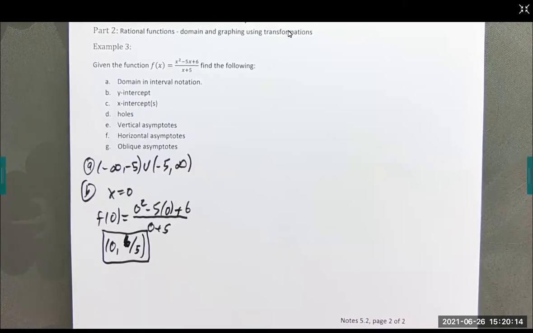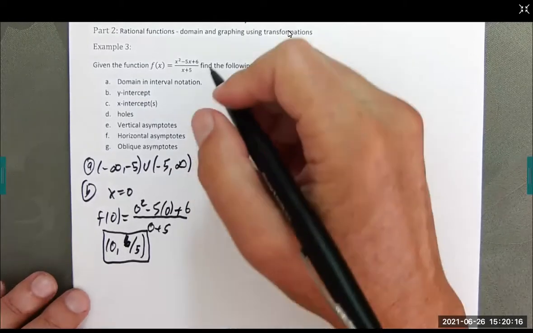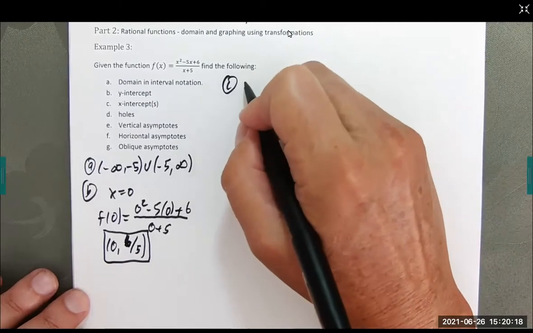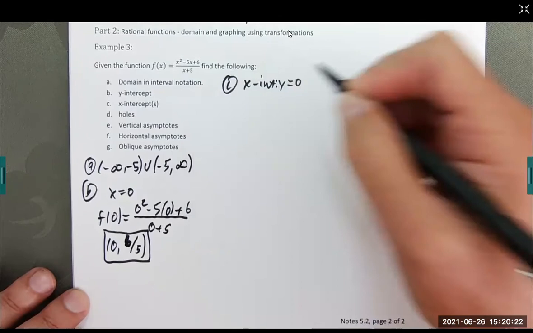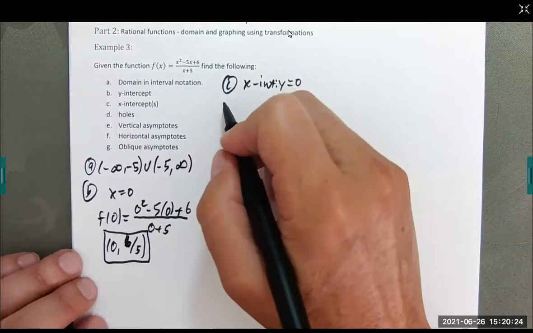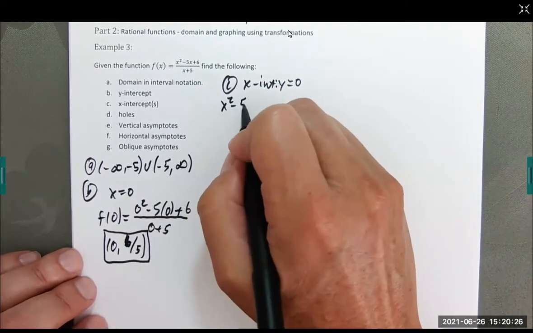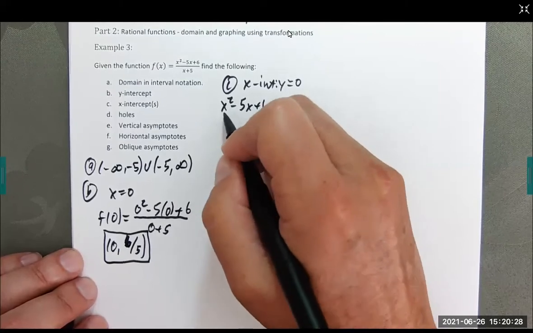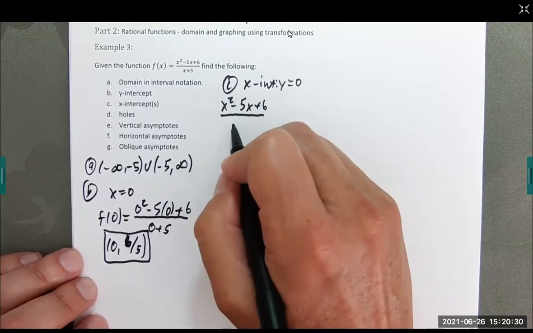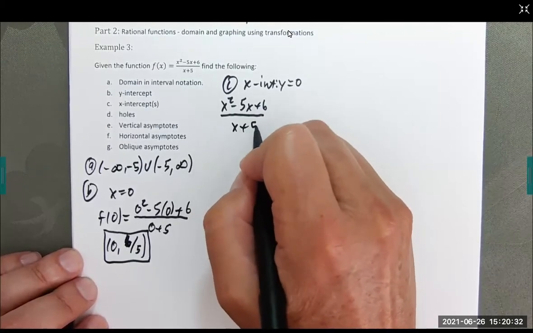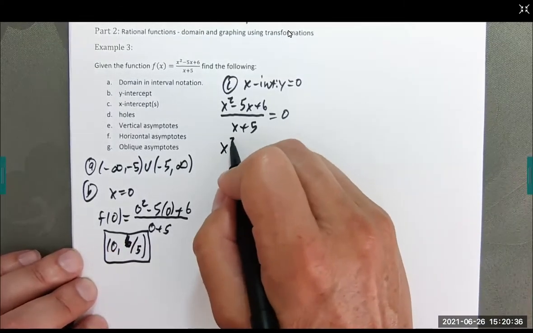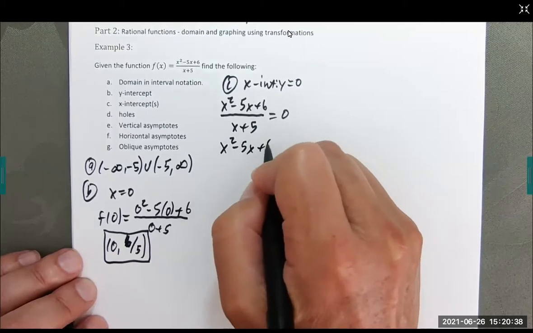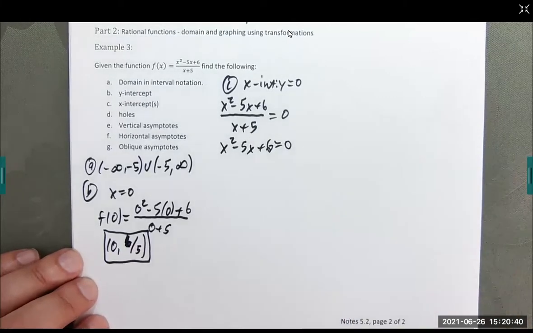Part C, the x-intercepts, for y equals 0. This gives me x squared minus 5x plus 6 over x plus 5 equals 0. Multiply through by the LCD, it gives me x squared minus 5x plus 6 equals 0.